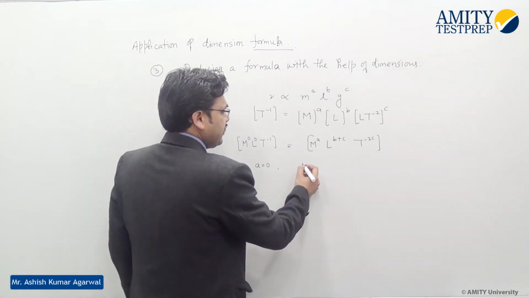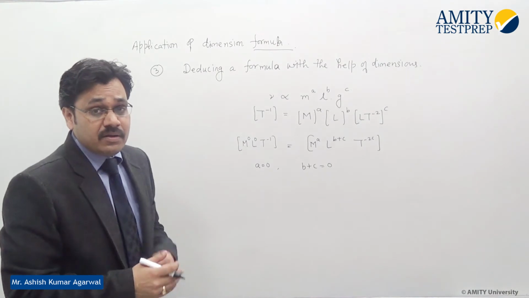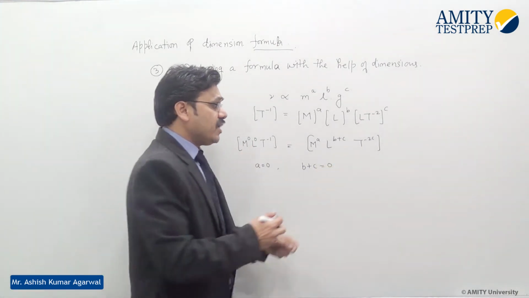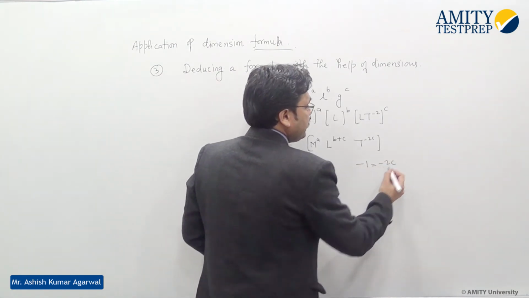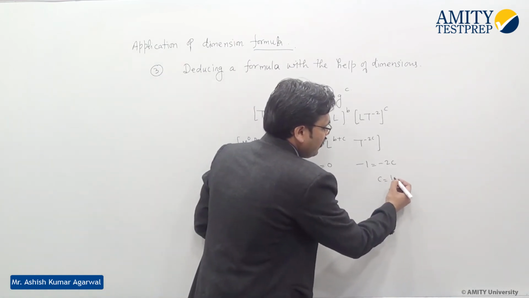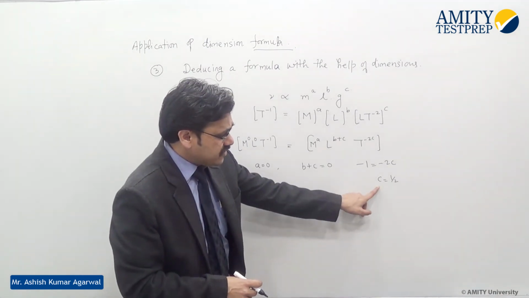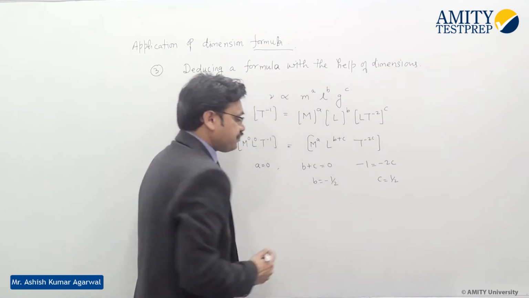So b plus c should equal 0. Thirdly, the dimension formula for time is minus 1 on the left and minus 2c on the right, so minus 1 equals minus 2c. When you solve this, you get c equals 1 by 2. And if you place this value of c equals half here, you get b equals minus half.